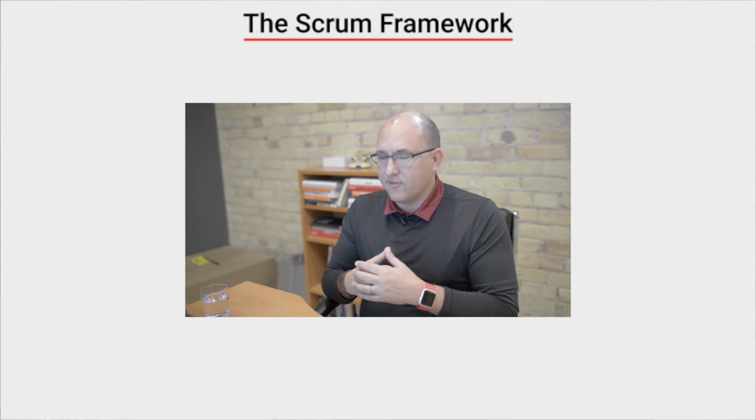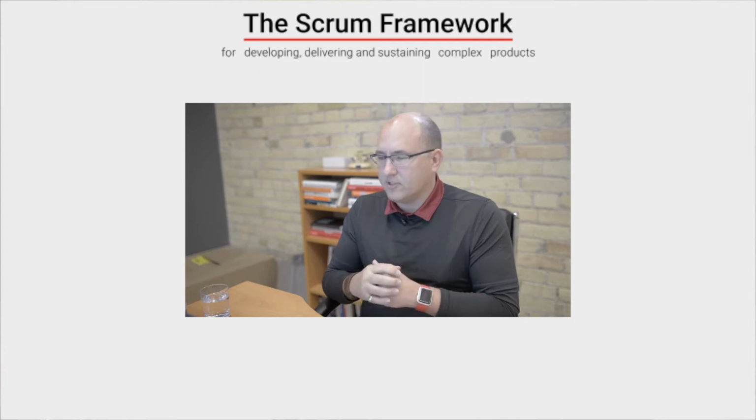The Scrum framework is for developing, delivering, and sustaining complex products. Now that's directly from the Scrum Guide, the official document describing Scrum. This is a phrase that actually requires a little bit of unpacking. First part, developing, delivering, and sustaining. So what we're talking about here in some ways is obvious.